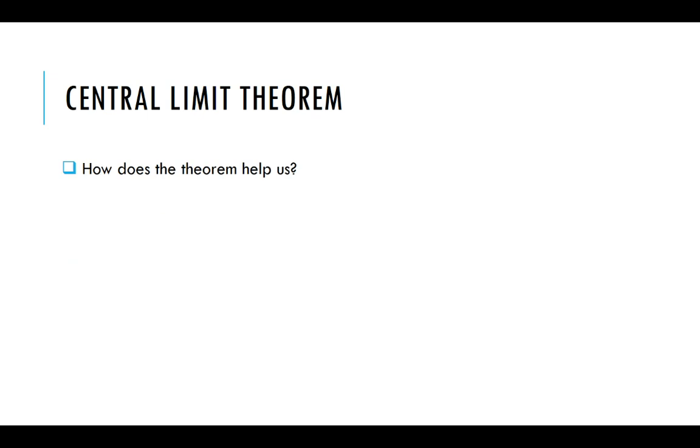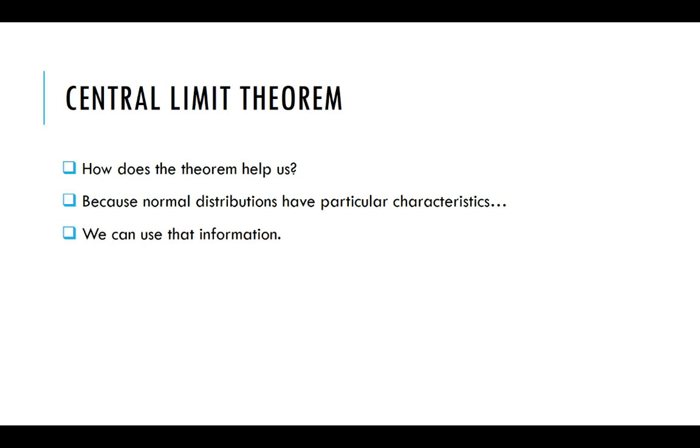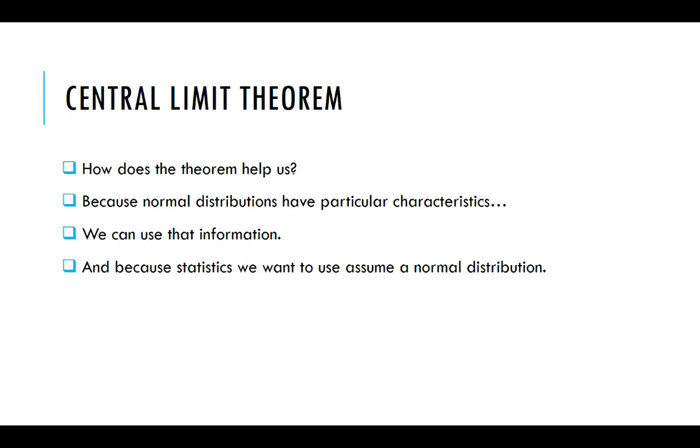So how does the central limit theorem help us? Well, as we've said, normal distributions have particular characteristics, and if we know we have a normal distribution because of the central limit theorem, then we can use that information. And as we've already said, statistics that we might want to use assume a normal distribution.